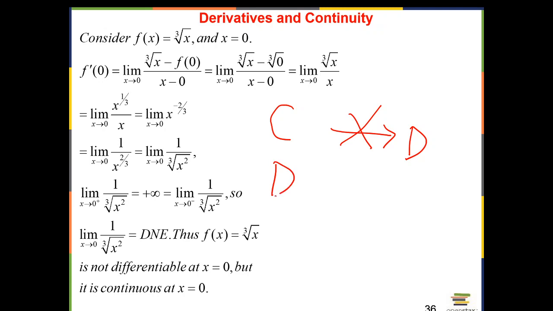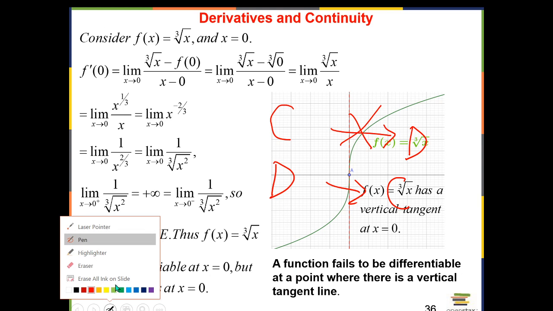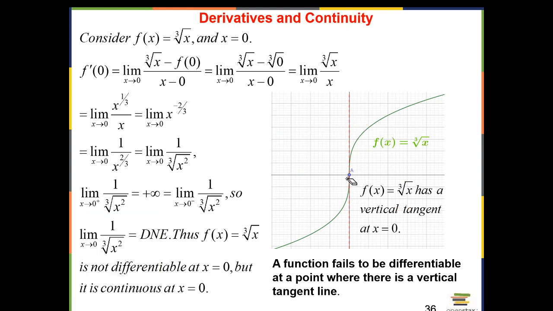But if it's differentiable, we can say for sure it is continuous at that point, right? And that's the graph of it, a better picture of that function, and you see we have a vertical tangent. So that's another place in graphs where you can tell the graph doesn't have a derivative at that point, when we have a vertical tangent.